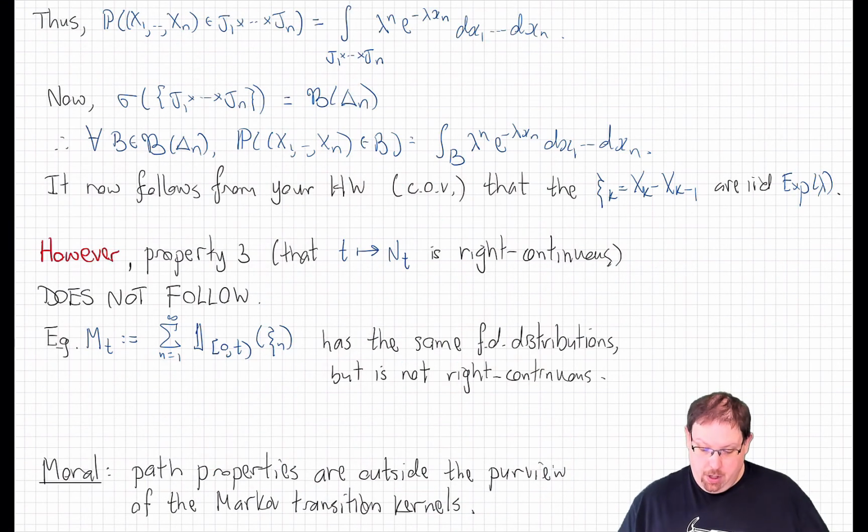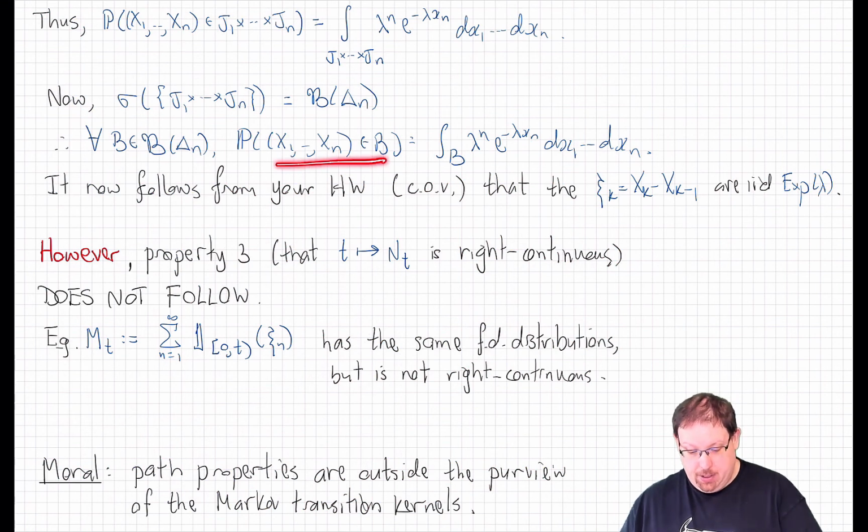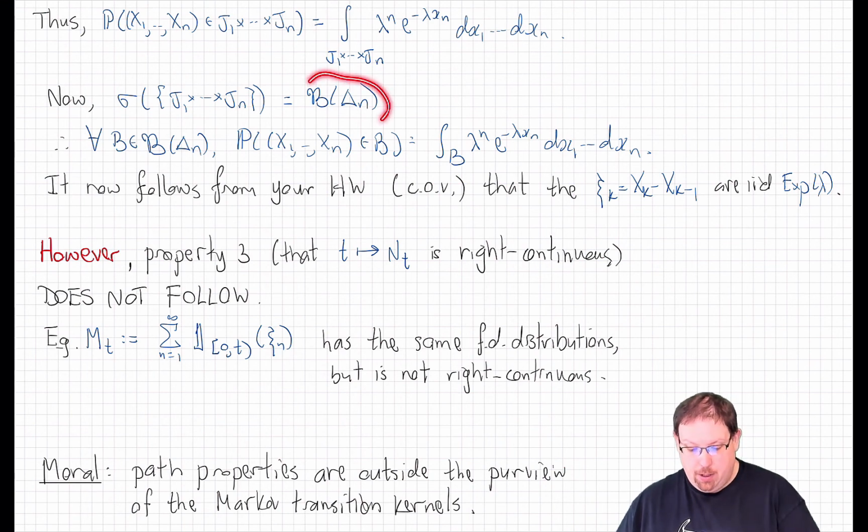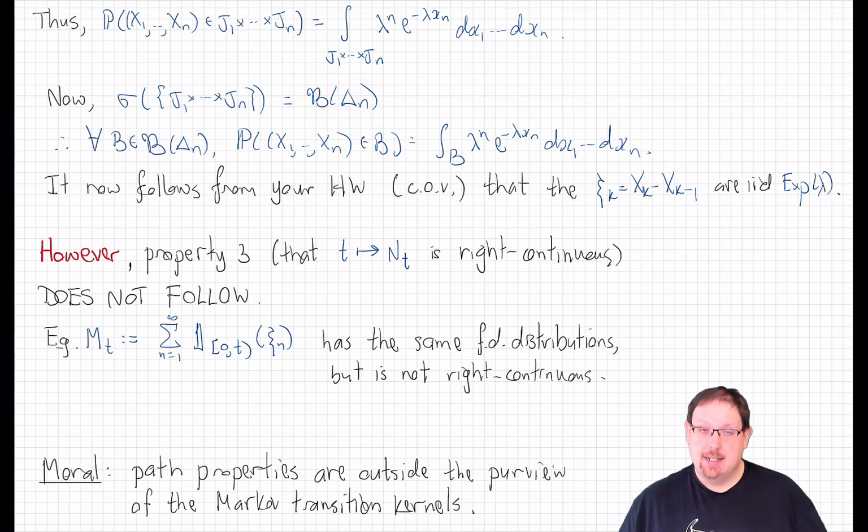You showed on a homework set that if you start with IID exponential lambda interarrival time random variables and define the x's to be their partial sums, then the probability that that vector lies in any particular Borel set in this configuration space is given exactly by this formula. And in fact, that's what we've shown here as well, because as I'll leave you to verify, with Dynkin's help once again, the sigma field generated by the set of all products of those stacked intervals is exactly the Borel sigma field over the configuration space, delta n.